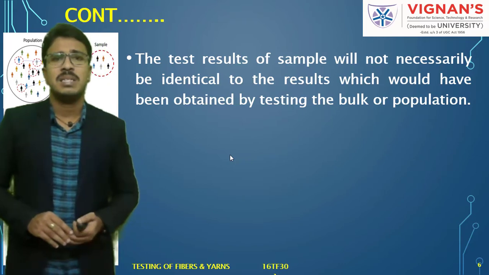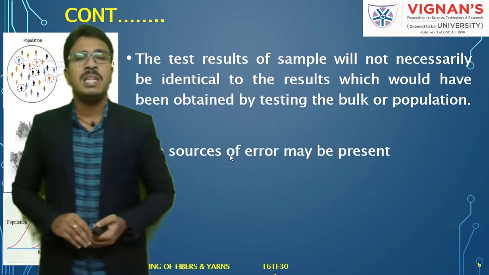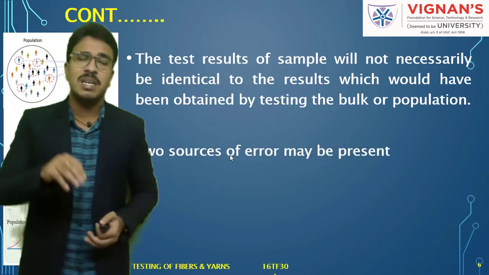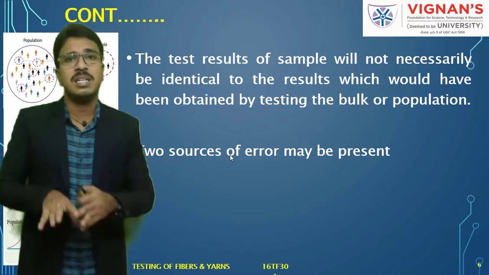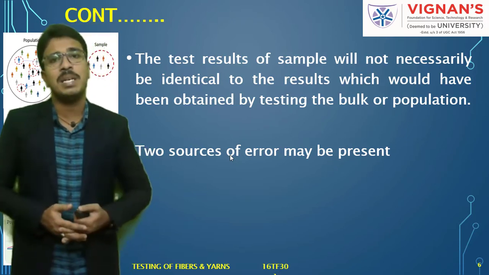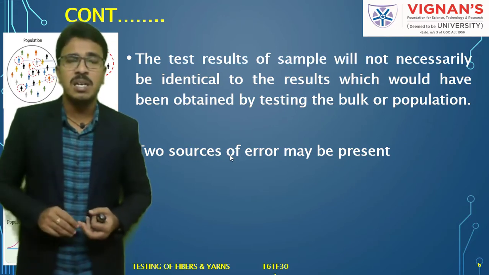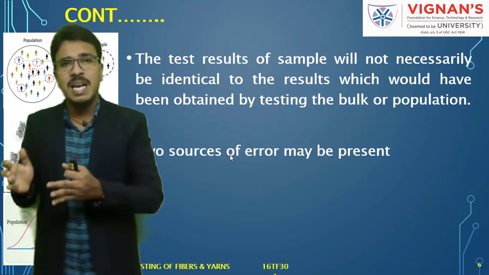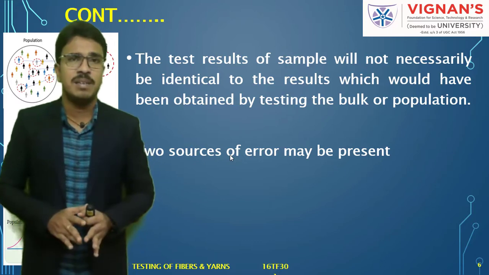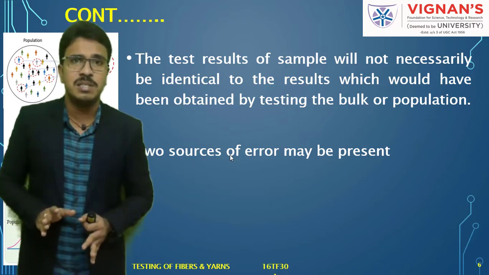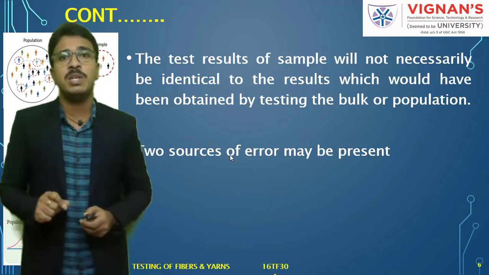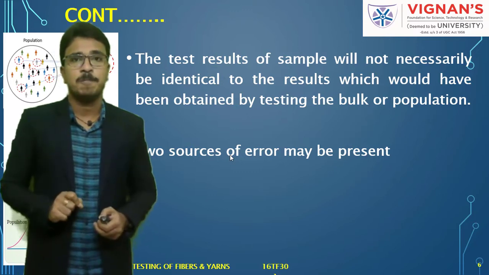But even then, if you ensure that the process of sampling followed is right, even though it does not match exactly, it is fine with the population results. But the procedure we follow should be right.